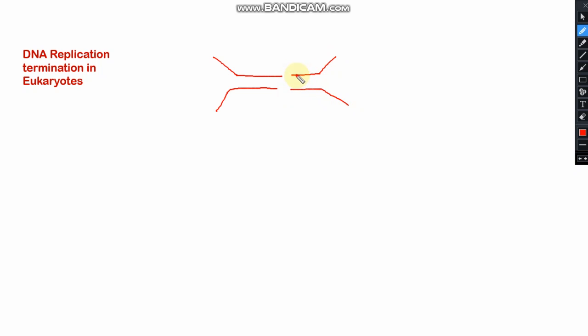Here the CMG complex and all of the replication associated proteins, that is a replisome, and in this strand also there is some of this complex. So when they come closer, the termination process is started.